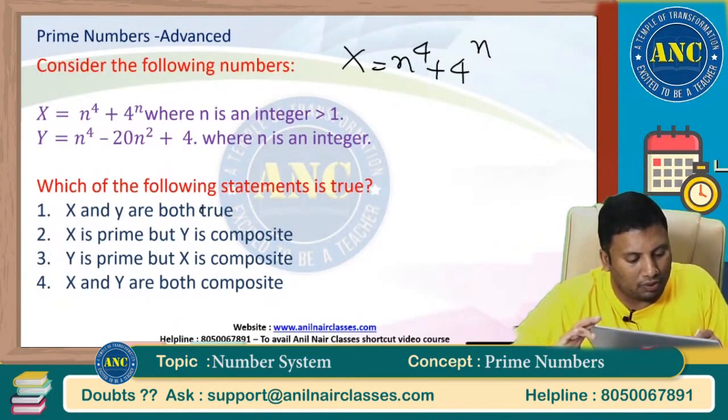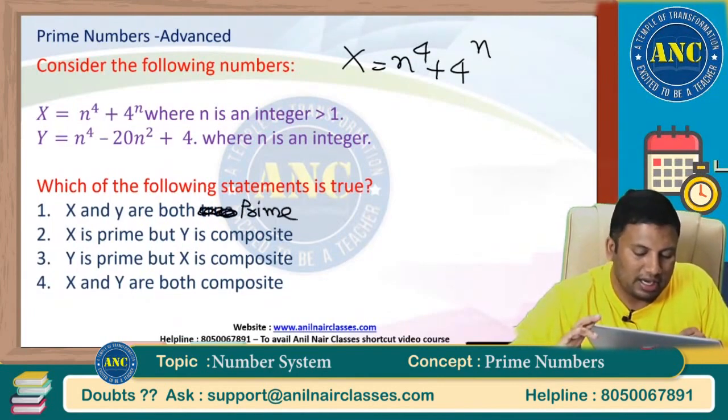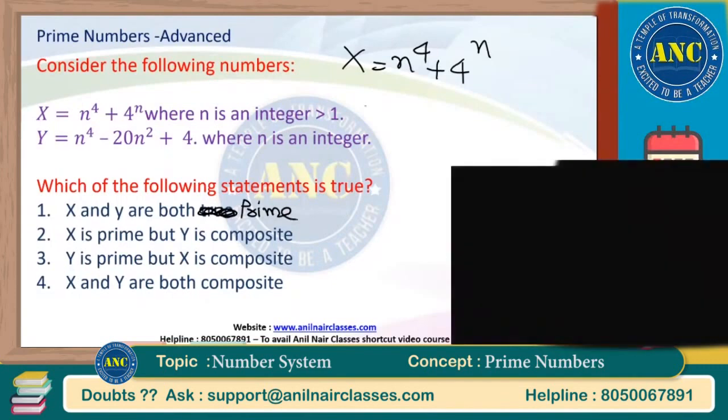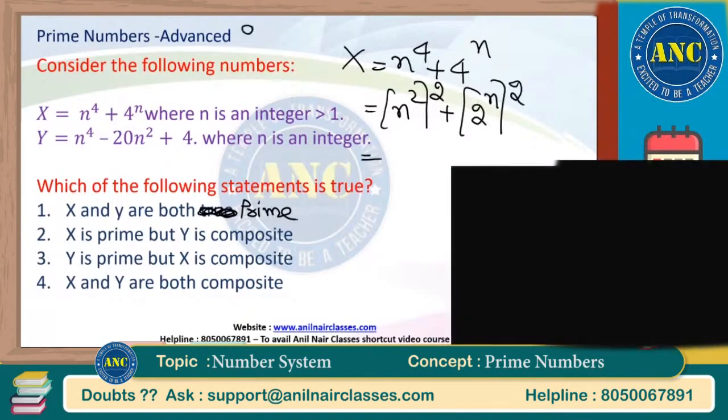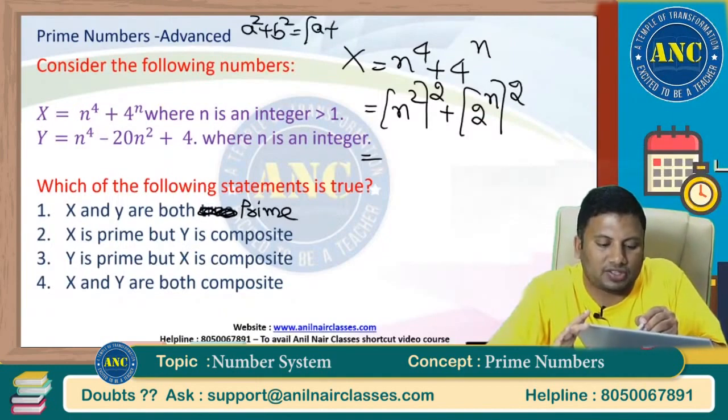X and y both are prime numbers, we will keep that as the first option. Here n power 4 is n square whole square, and 4 power n is 2 power n whole square. A square plus b square, we can take as a plus b whole square minus 2ab.